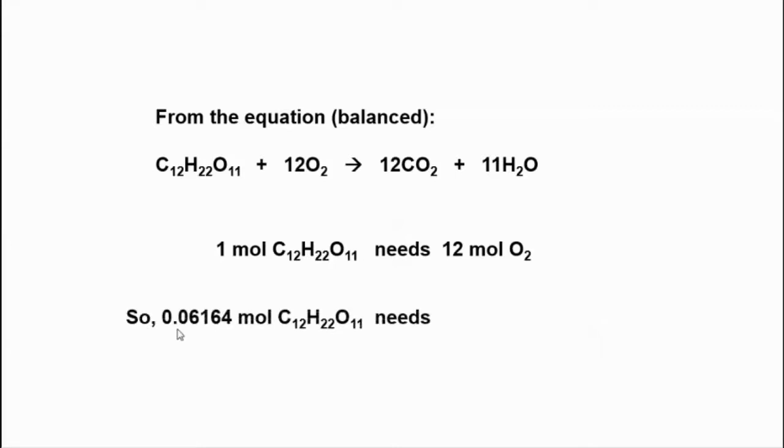What we have is 0.06164 moles of sucrose. So how many moles of oxygen does it need? It needs 0.7397 moles of oxygen gas. This is the amount of oxygen gas required if we have 0.06164 moles of sucrose.